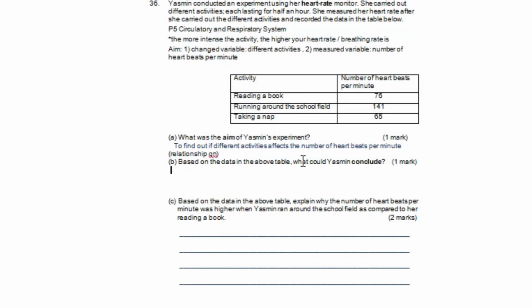You can say the greater the intensity of the activities, the higher the number of heartbeats per minute.